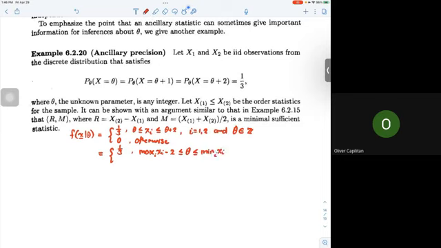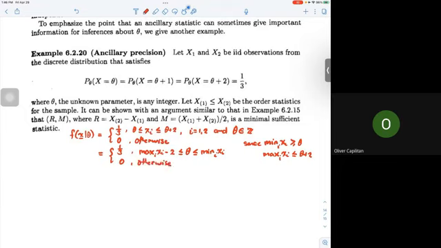The reason for this is that the minimum of the X sub i is greater than or equal to theta, and the maximum of all these realized values X sub i is less than or equal to theta plus 2. That's why we have this condition. And this is 0 otherwise.